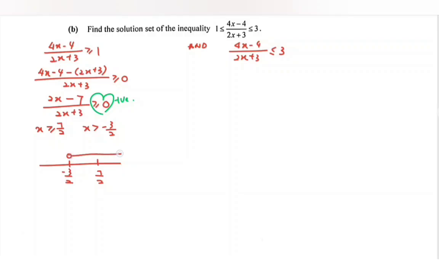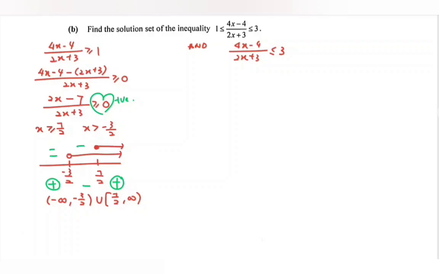Empty circle, then circle. So here we have the negative, and then here we have the positive, negative, and positive. We are interested in positive. So the answer will be negative infinity until negative 3 over 2, negative 3 over 2 is not included, union 7 over 2 until infinity. So that is the answer or interval for the left hand side.